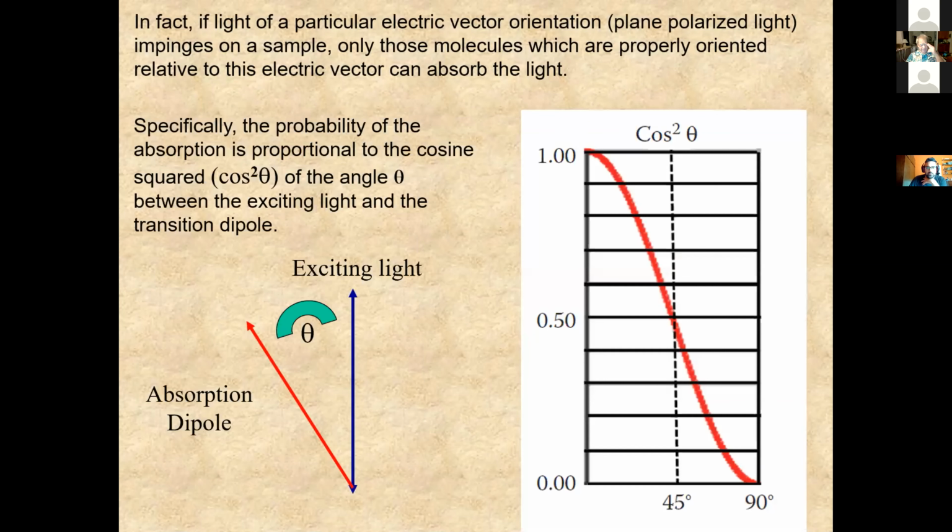So if the exciting light is perfectly aligned with the absorption dipole, the probability of absorbing is 1. Even at 45 degrees, there's a decent probability, 0.5, of absorbing. But at 90 degrees, when the absorption dipole is perpendicular to the exciting light, it will not absorb.